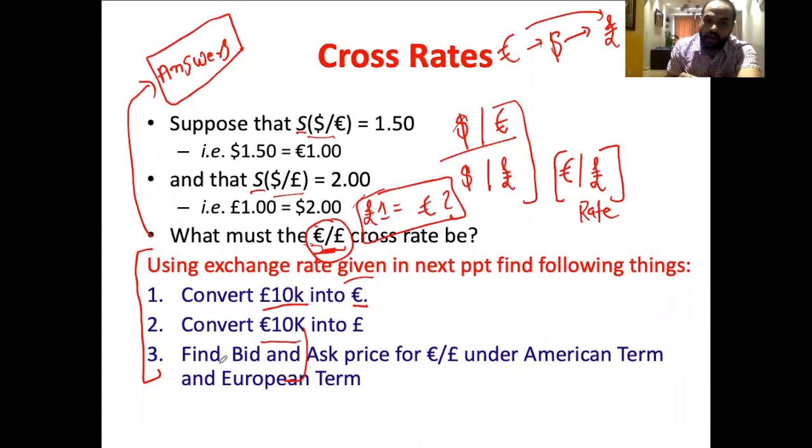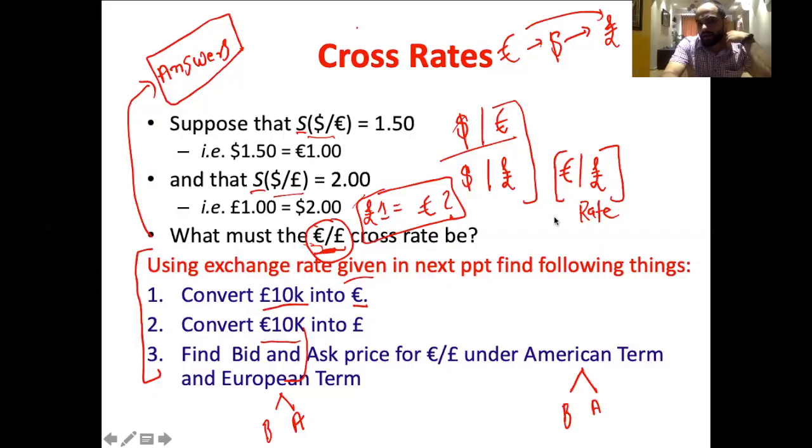And third, find bid and ask price for euro pounds using American terms and European terms. Bid and ask, so American terms, bid and ask, and European terms, bid and ask. So we also have to calculate the complete quotations for Americans and Europeans.